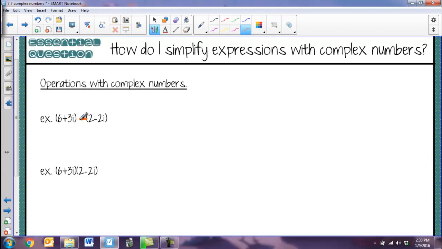Again, I like to just take this minus and make it plus, and just change all the signs in the second set. And now all you have to do is combine the real part of your term, so 6 and -2 is 4, and then you combine the imaginary part, or the i's together, so 3i plus 2i is 5i, and I'm done. Okay, that's in the form a plus bi, we're happy.